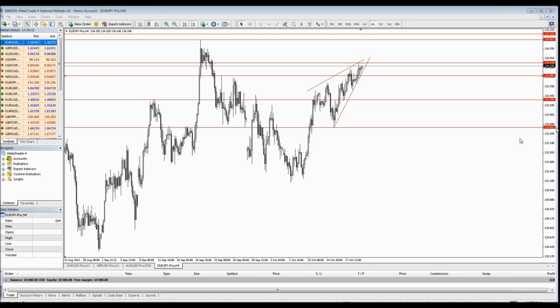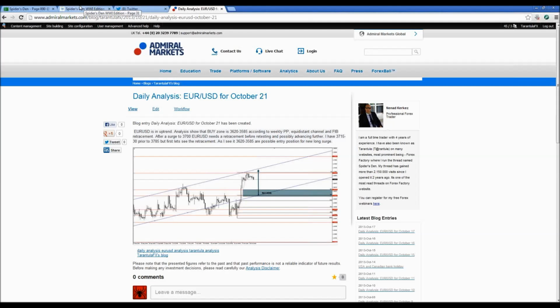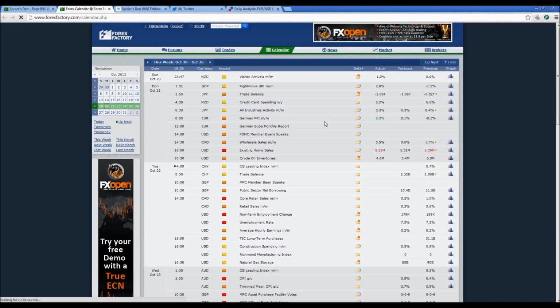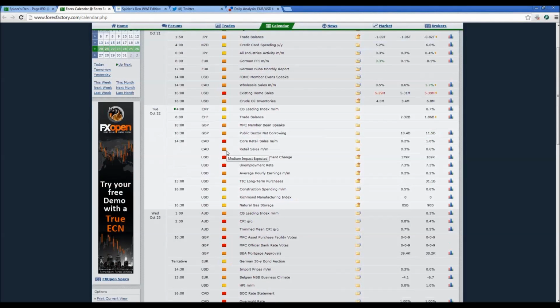Tomorrow it will be NFP. It will be a bigger move because it's not a weekend. Let me see if there will be NFP. Yeah, NFP. You're right. There will probably be a bigger move because it's not weekend. So guys, tomorrow we will see.